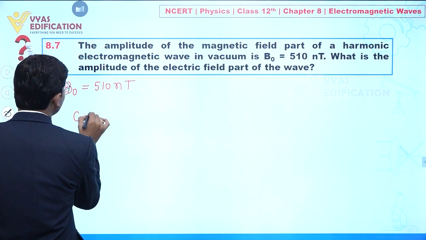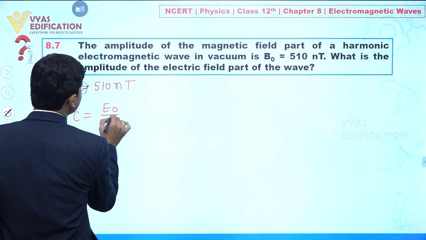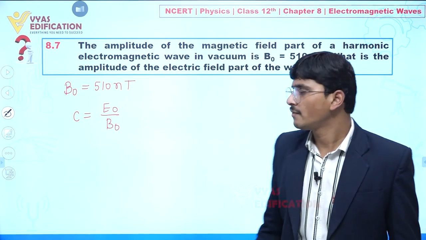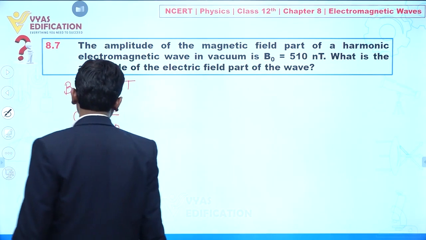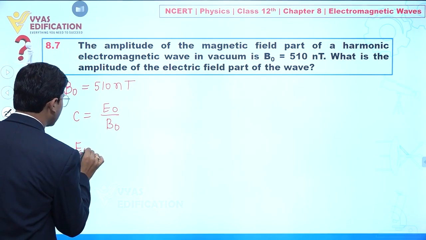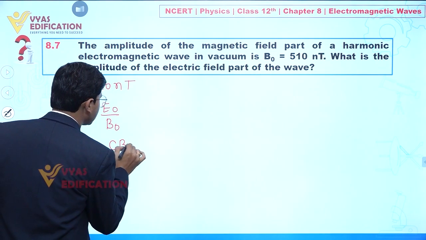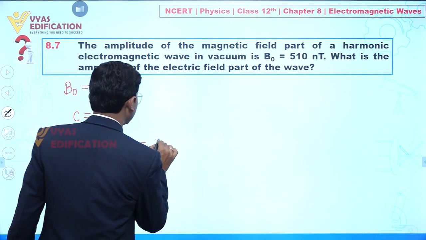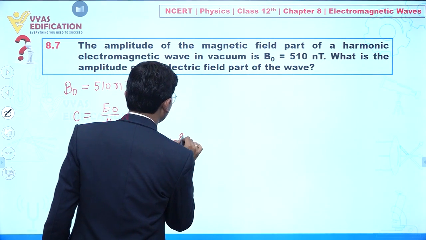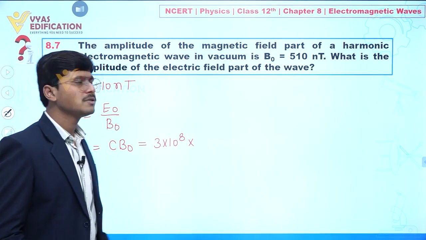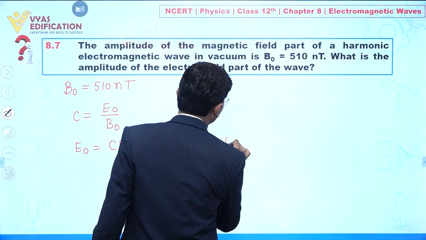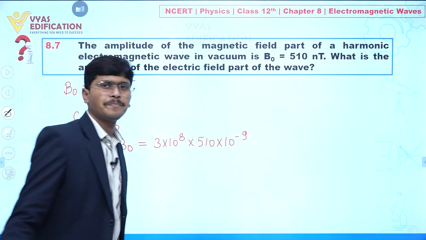So actually we know one relation between maximum value of electric field and magnetic field, this is C equal to E0 divided by B0. Our objective in this question is to calculate value of E0, this is given by C B0, clear. Value of C we have, this is 3 into 10 to the power 8, multiplied by B0. B0 is given 510 into 10 to the power minus 9 Tesla, clear.